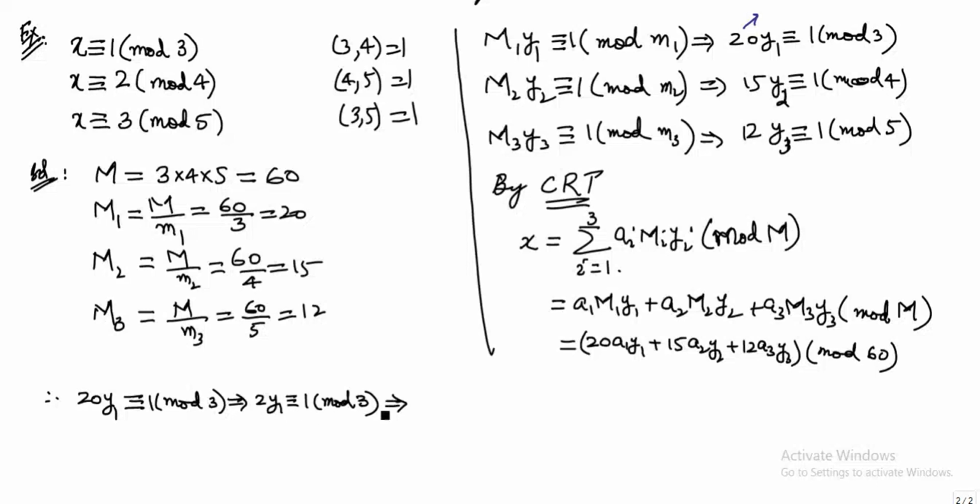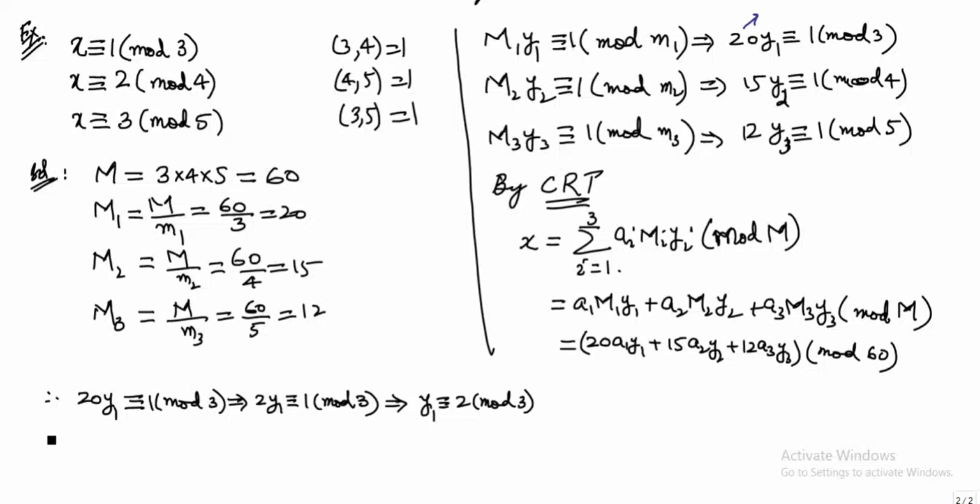So we multiply both sides by 2 and we will have 4, and 4 is 1 in modulo 3. So that will be y1 congruent to 2 modulo 3. So the solution is 2.